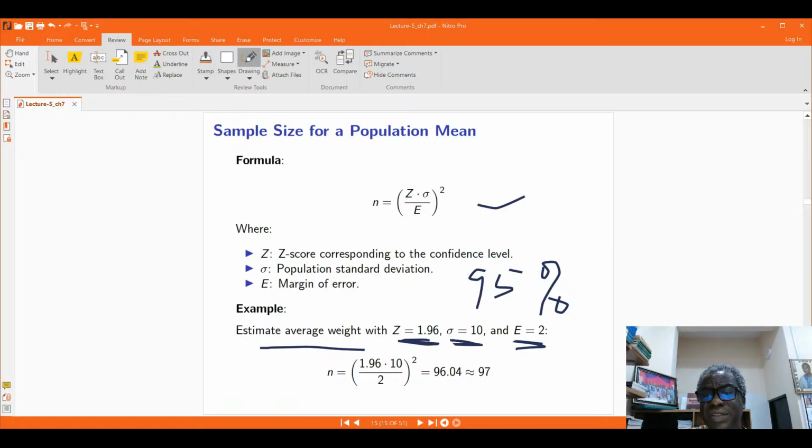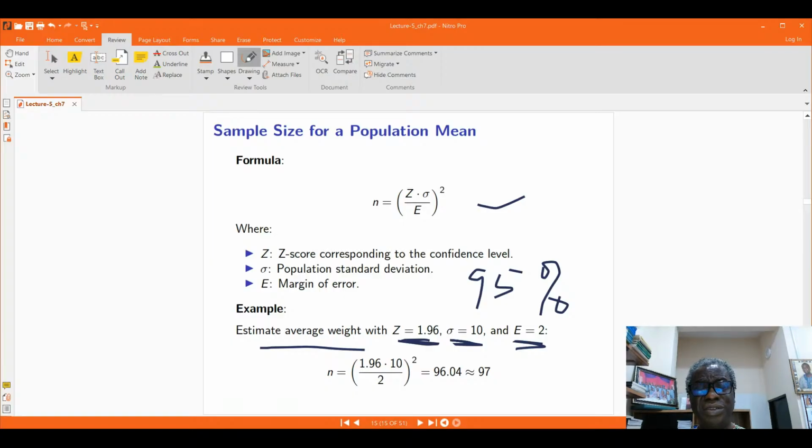That the appropriate sample size to take is 97 to ensure precision of the estimate. So always remember that you will need those three values: the Z score, the population standard deviation, and the margin of error.